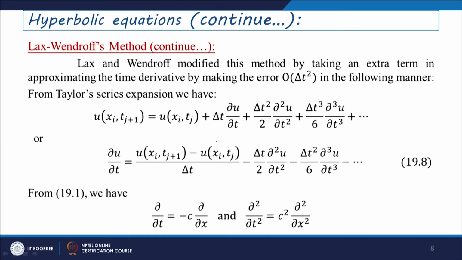Similarly, if you go for the Lax-Wendroff method here, Lax and Wendroff modified this method by taking an extra term in approximating the time derivative during the Taylor series expansion.